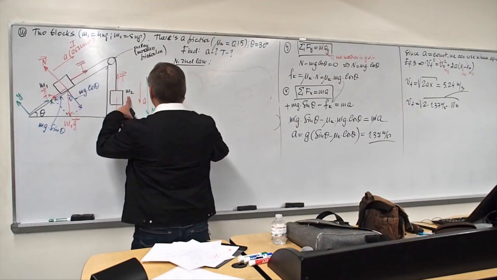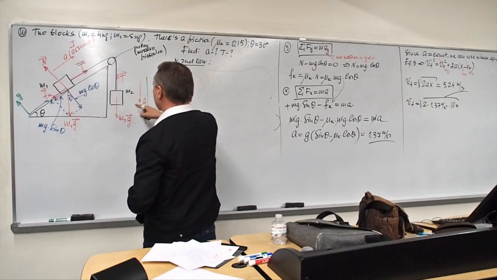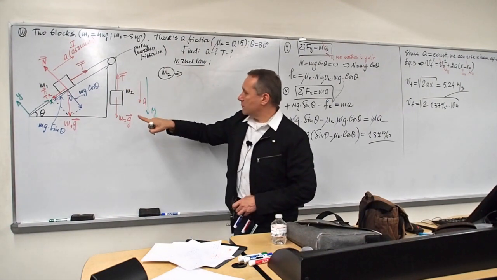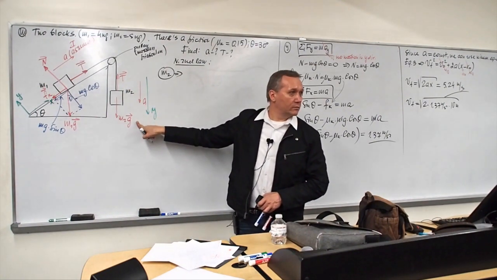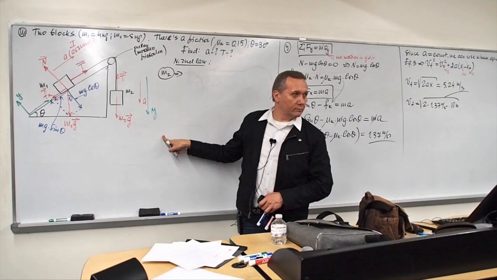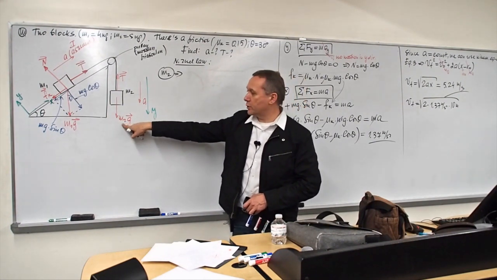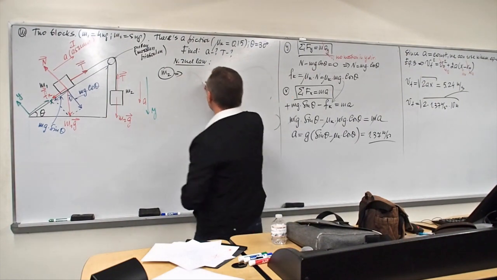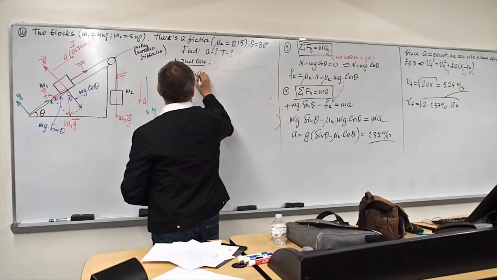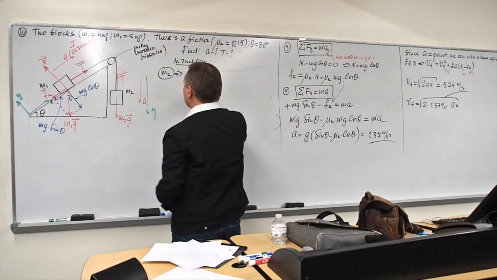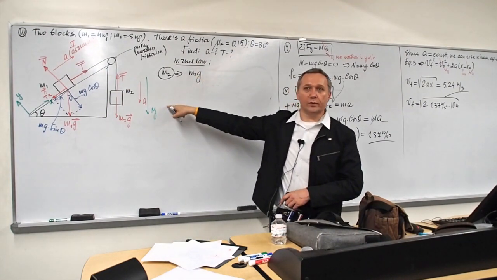Because students complain that it's impossible to tell the difference between N and U, for example. Okay, so gravity, positive. We're looking at this y-axis, right? So M2G positive. Tension is negative, again, relative to this coordinate system.